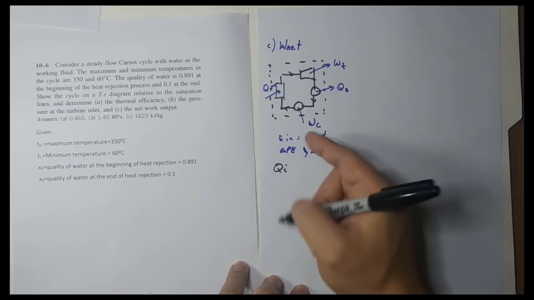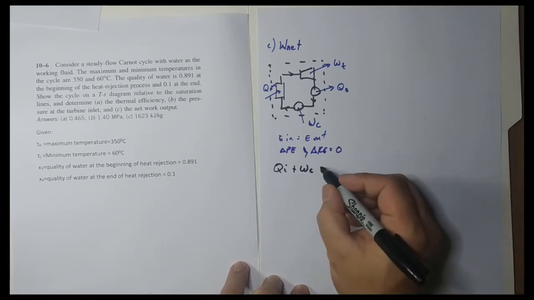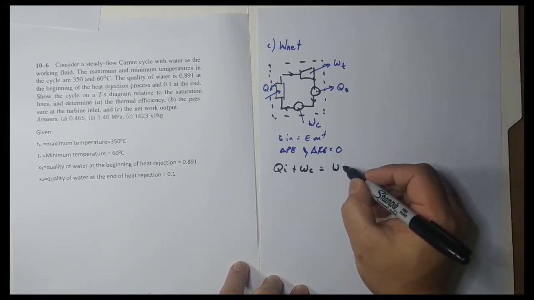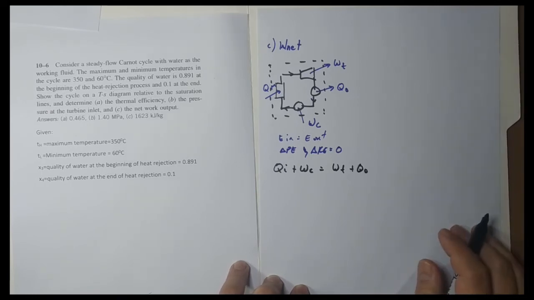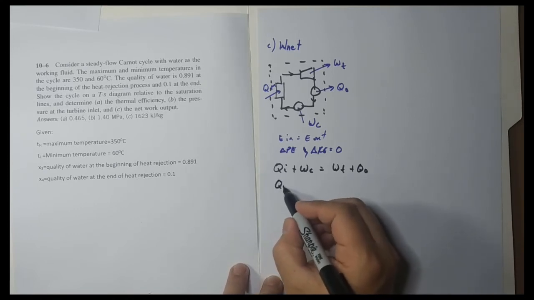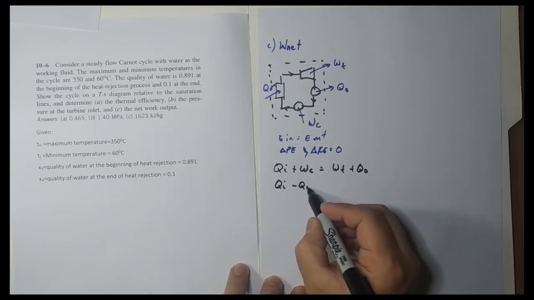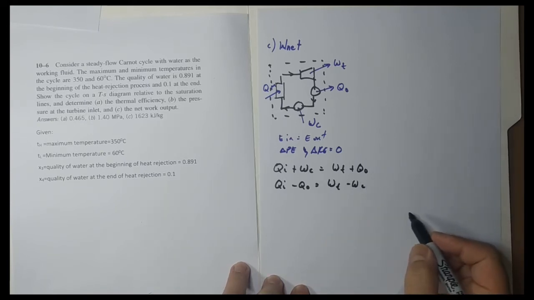Ano pang papasok? Yung work compressor. Ano yung mga lalabas? Okay. Work ng turbine plus Q out. Okay. Now, meron kang Q in minus Q out equals work ng turbine minus work ng compressor.